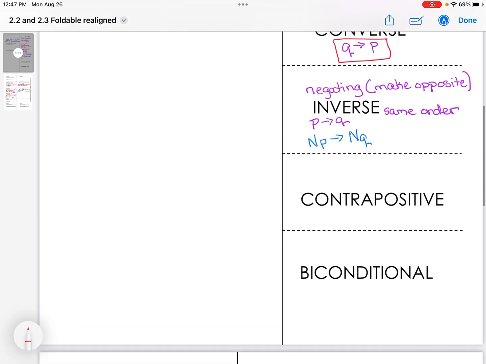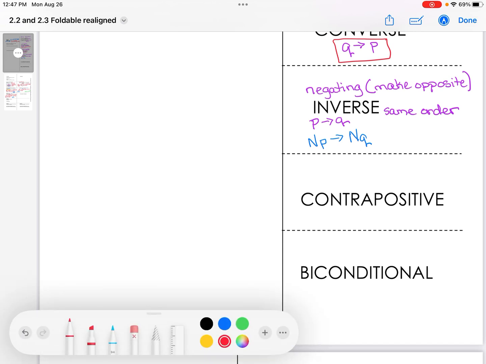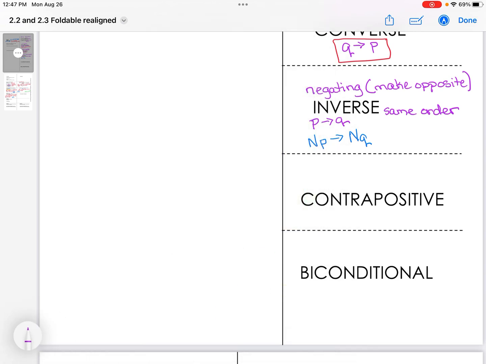Okay. So contrapositive is like a double switch. Contrapositive is converse and inverse.